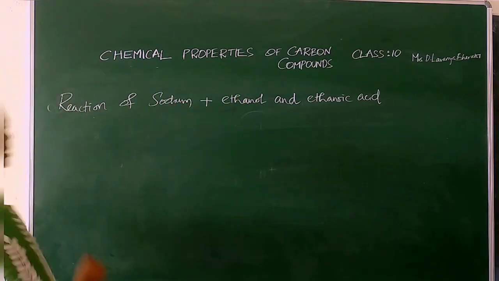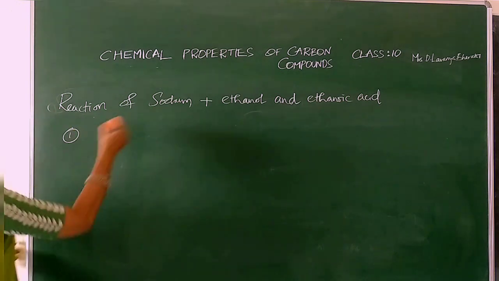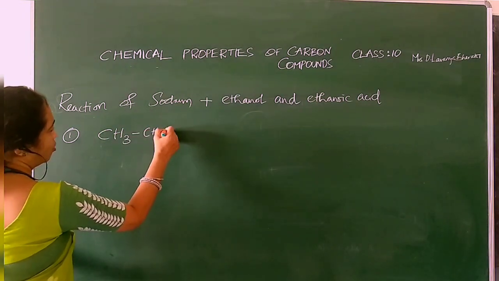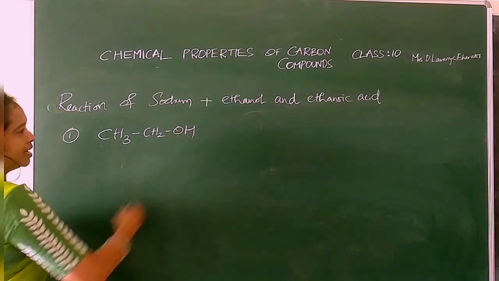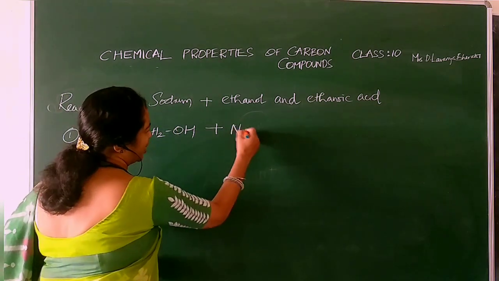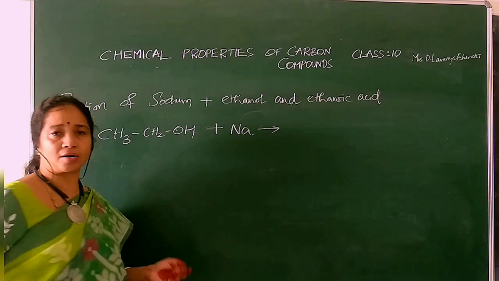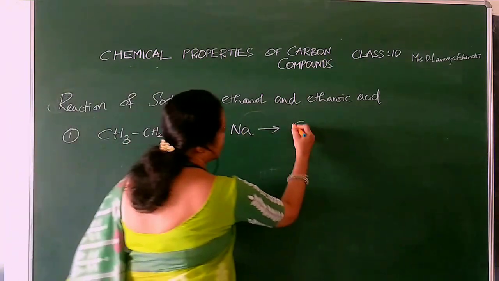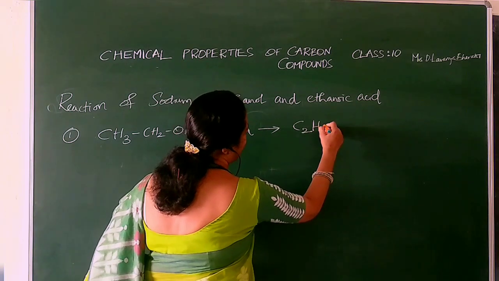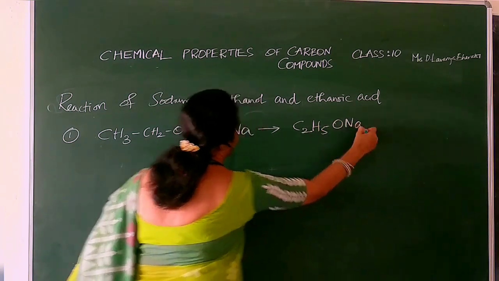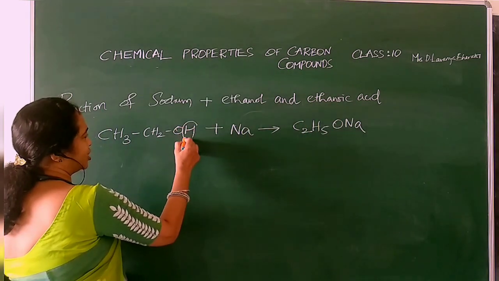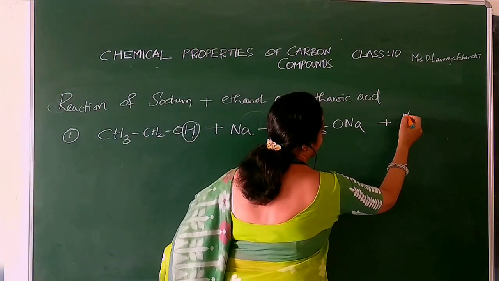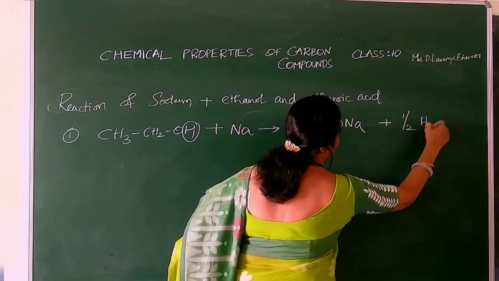Here we go. The first one, I am taking ethanol, CH3CH2OH. Ethanol, when it reacts with sodium, just like an acid, here also a salt is formed and hydrogen gas is produced. So C2H5ONa. You can see here hydrogen is liberated, and in the form of hydrogen gas, you can write it as H2, right?